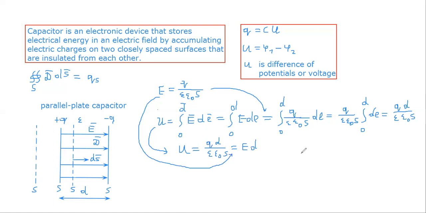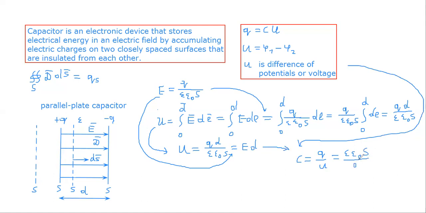So in this case, we can calculate that the capacitance of the parallel plate capacitor is equal to charge Q divided by voltage U, and this is equal to epsilon 0 S divided by d.